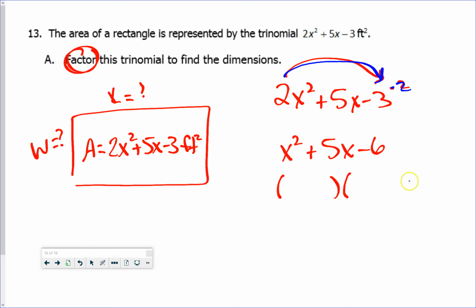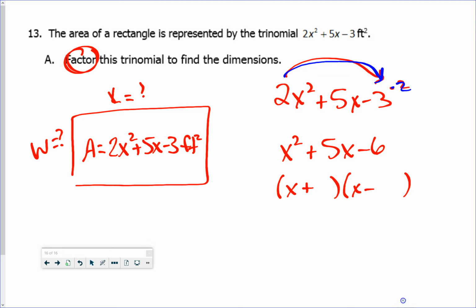So multiplies to give us negative 6. So that means positive and negative. But adds to give me a 5. 3 and 2? No, negative 1 and positive 6. It can't be 3 and 2 this time because you need negative 6. So one of those has to be negative, so there's no way to get a 5 out of it. Okay? So we do have to use 6 and 1.